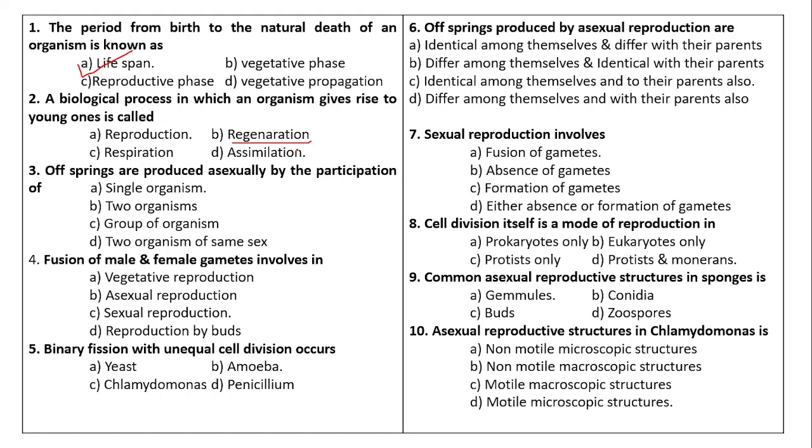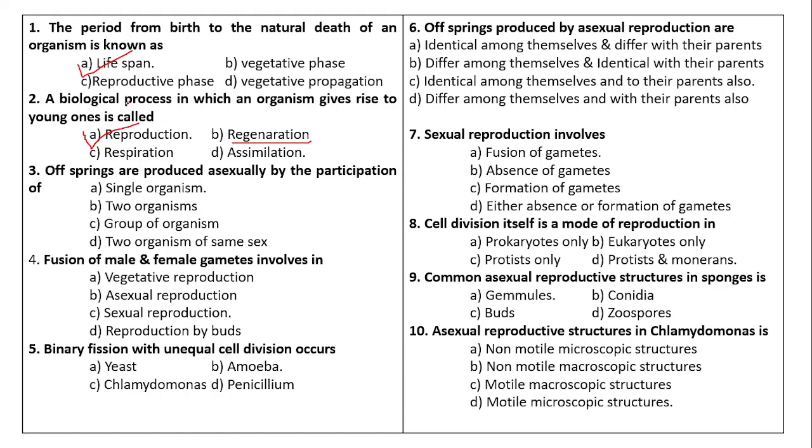Regeneration is the redevelopment of only the lost part, not the complete organism. But reproduction is giving birth to complete organisms. So the answer here is reproduction. The biological process in which an organism gives rise to young ones is called reproduction.